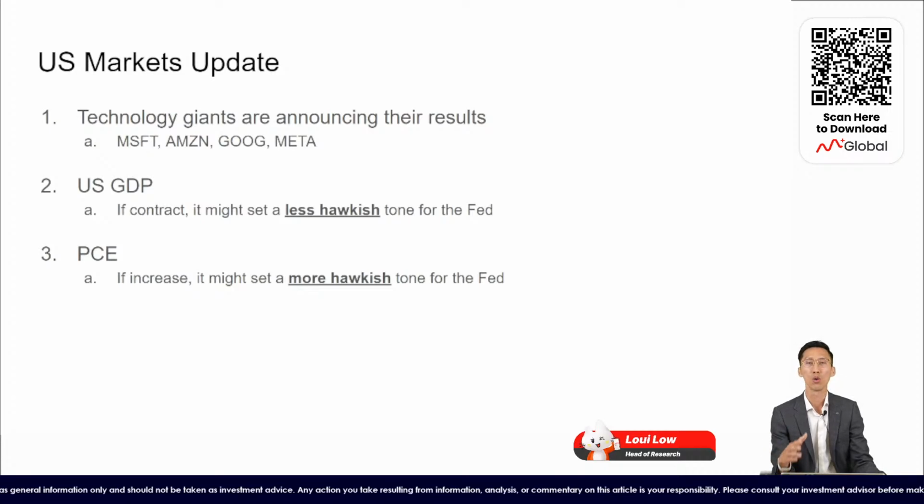It is because we are unsure what to expect from these two data points. And if these two data points give us a very mixed signal, then the FOMC meeting might also go into an uncertain period, and that might affect the overall trading sentiment.